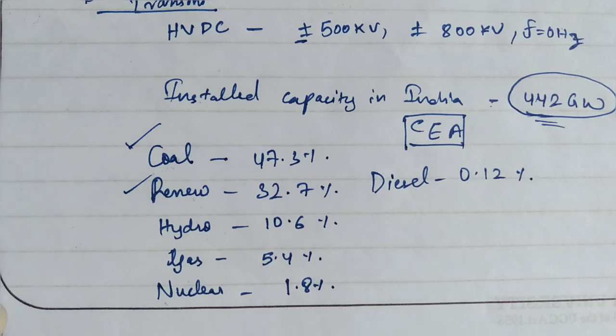The reason for setting up the generating stations in remote areas is that they cause pollution, so people should not live beside these areas, so they are placed at remote locations.